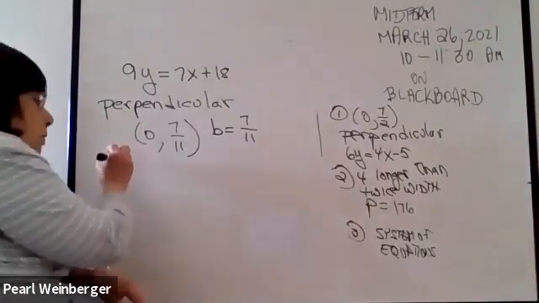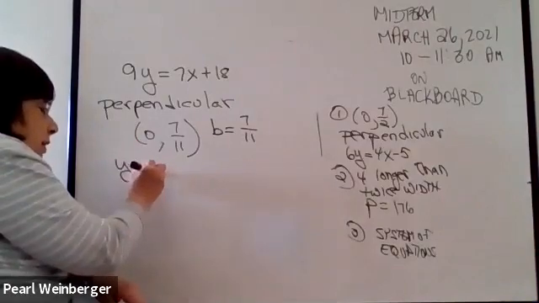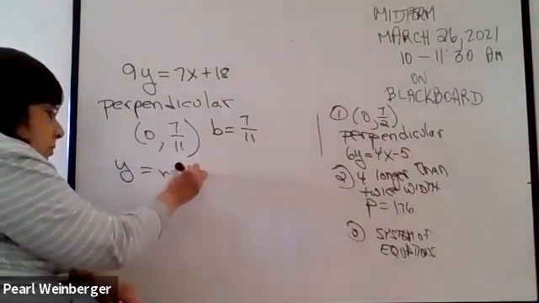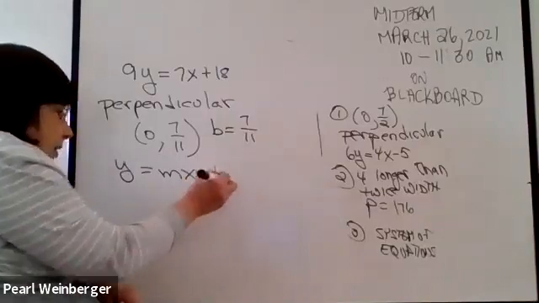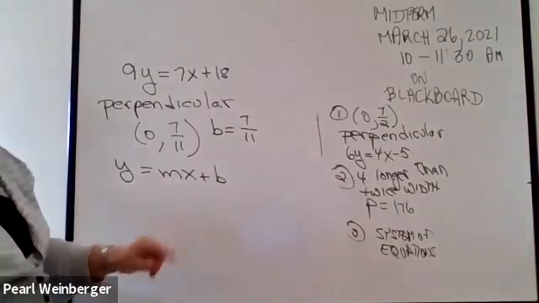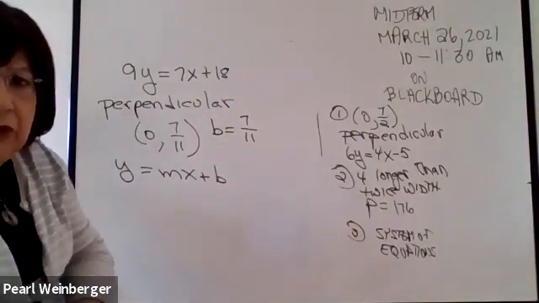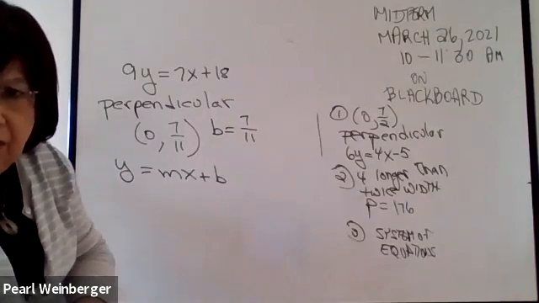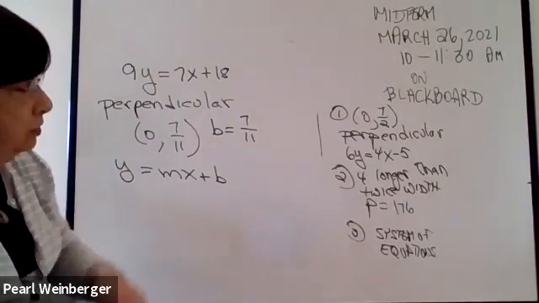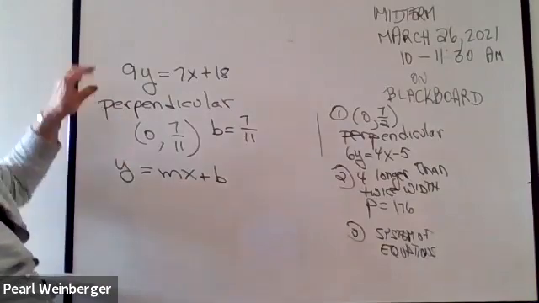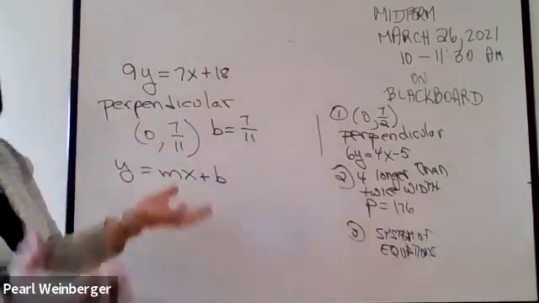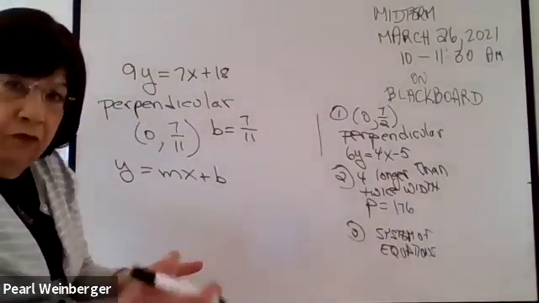We want to write the equation of the line, which is y equals mx plus b, and we always work on the m first. We always want to figure out the slope of the line. Sometimes they give us 2 points and we can use the slope formula.